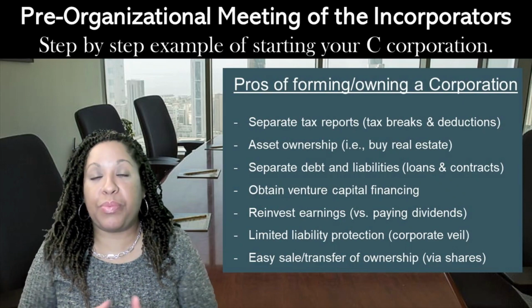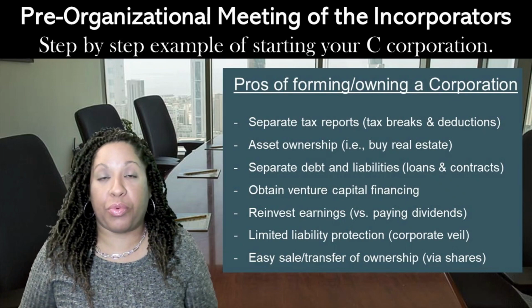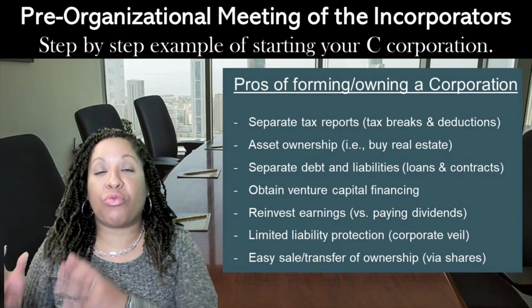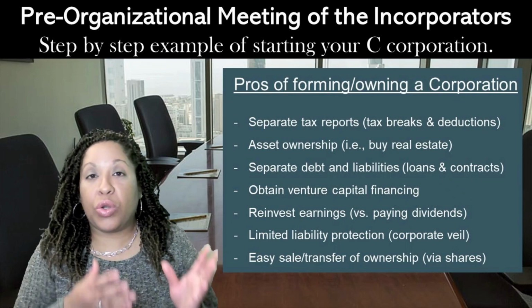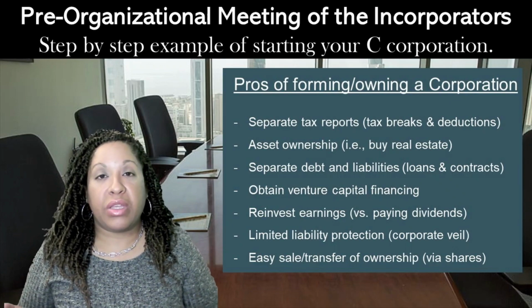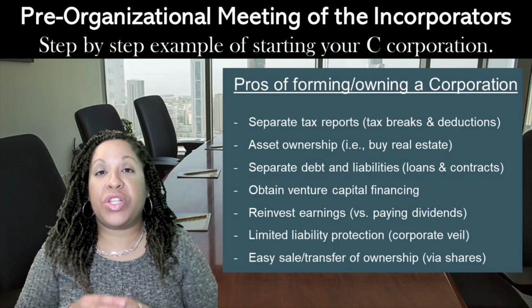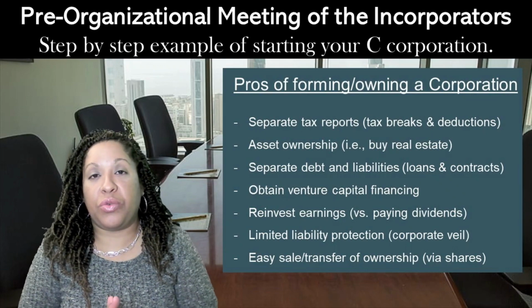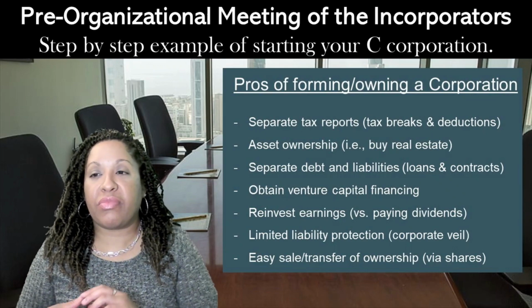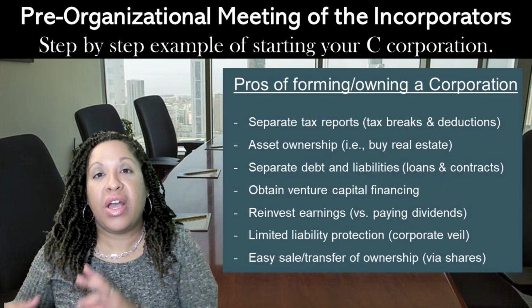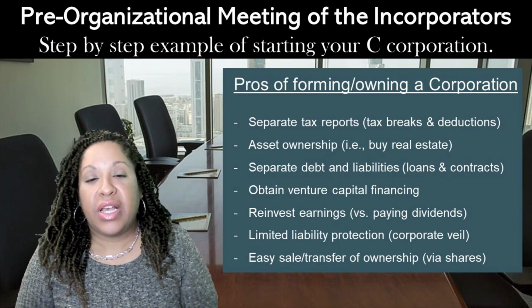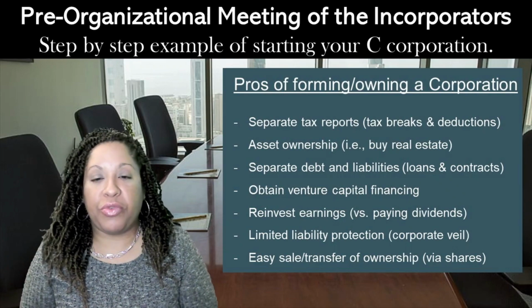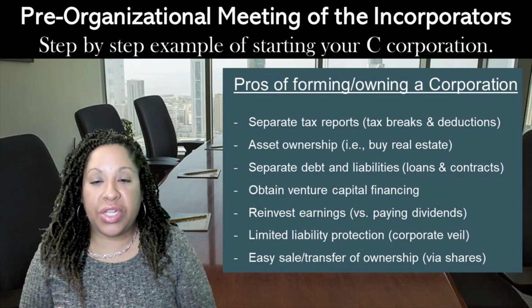You don't have to, depending on how you set up your corporation. You can always take that money and reinvest it, buying new equipment, buying new things for the business, which is an alternative to paying out dividends, and doesn't put you in a position where you have to pay extra taxes.